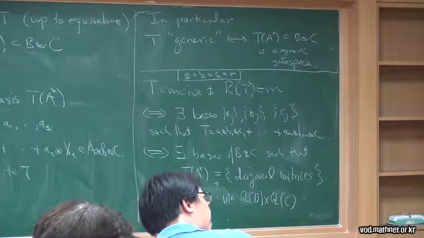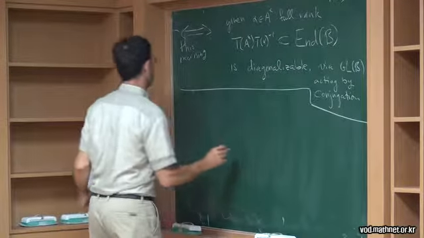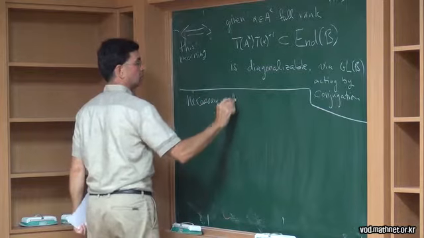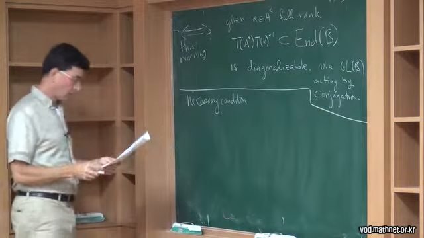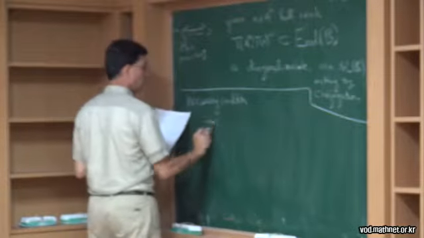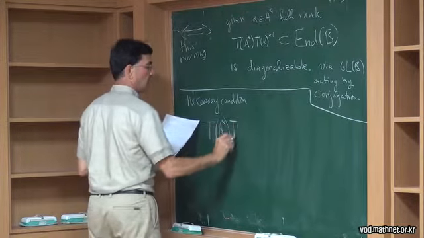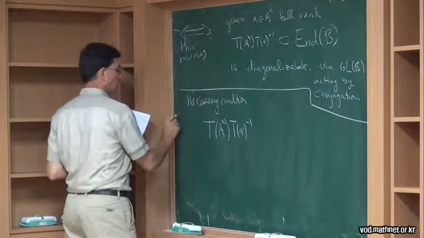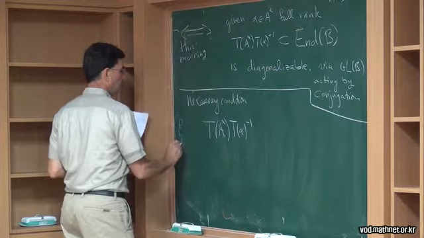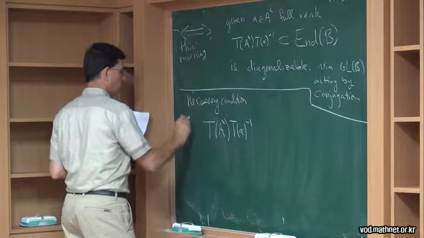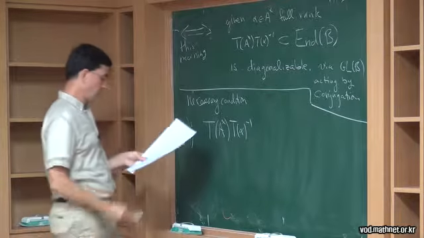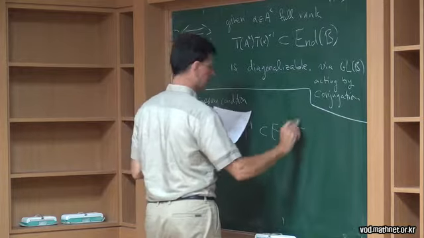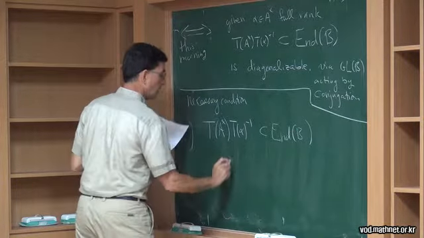Now, we saw a necessary condition is that this T of A star T of alpha inverse, I'm not going to use the notation I used this morning, I'll just write it once, E alpha of T, that this space of endomorphisms is abelian.